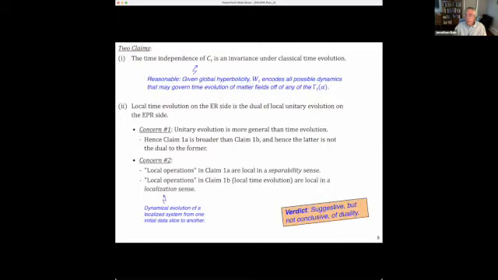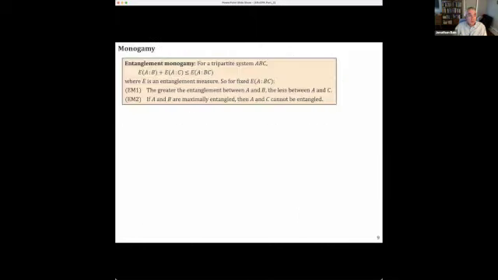All right, so that's one claim that has appeared in the literature, about a similarity between entanglement on the one hand and wormhole connectivity on the other. Another claim that has appeared fairly recently is that both of these measures satisfy a monogamy constraint. The monogamy constraint is fairly easy to state in the entanglement context.